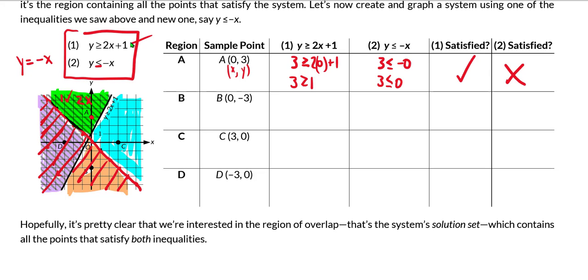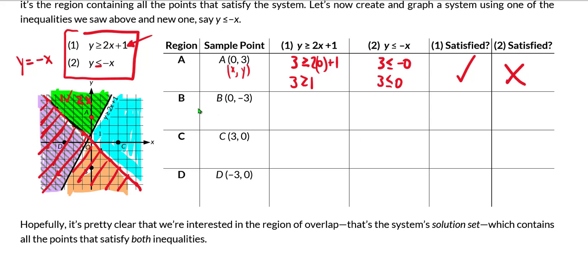They are part of the solution set of one of the 2 inequalities in the system, but not both. And that's what a solution set is. It is the set of all points, or the region on the graph, that contains all of the points that satisfy both of the inequalities in the system.